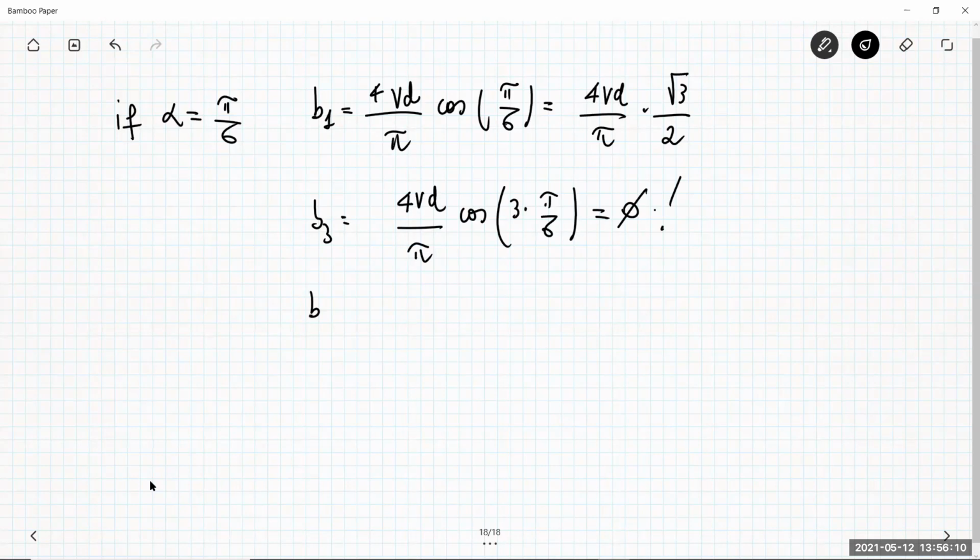What happens to B5? B5 is 4 Vd over P cosine 5 P/6, which is not null.